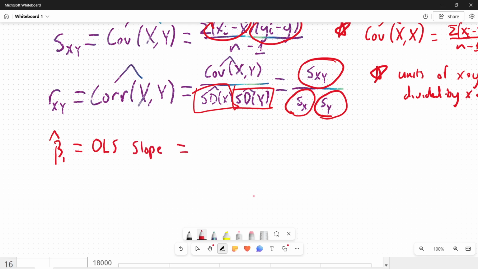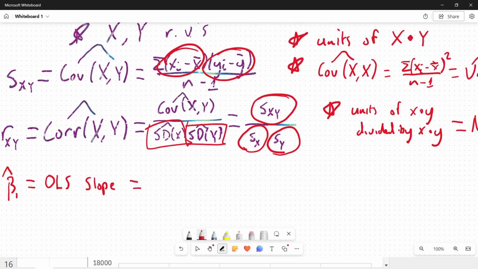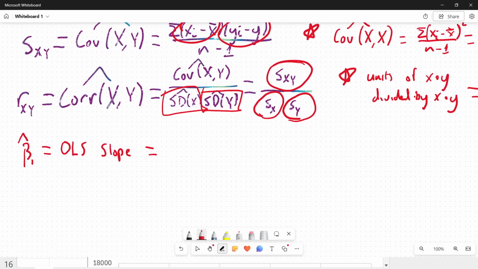And the formula looks like this. So follow along. In the numerator, I'm going to have the sum of all the xi minus x bar times yi minus y bar. And in the denominator, I'm going to have the sum of all the xi minus x bar squared. This is how the formula is typically represented.